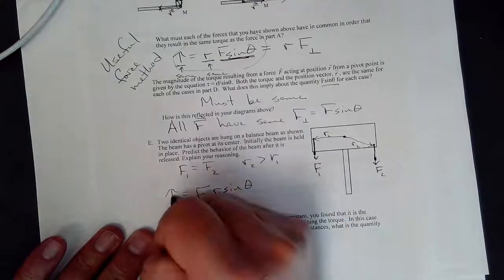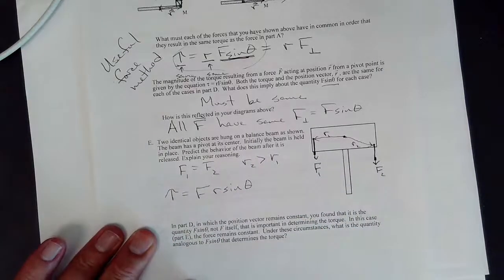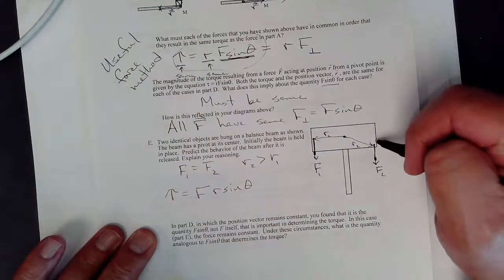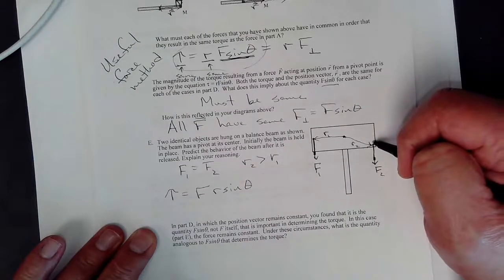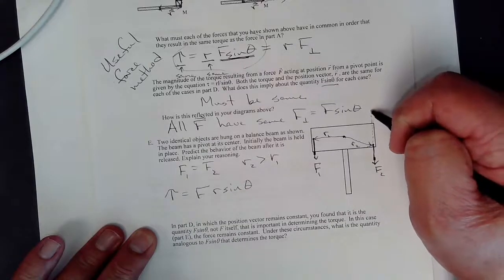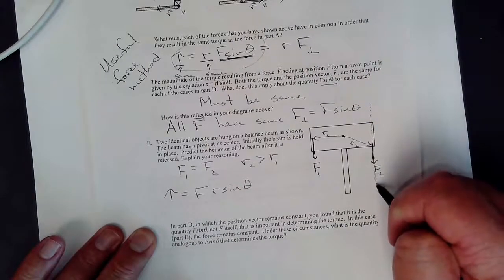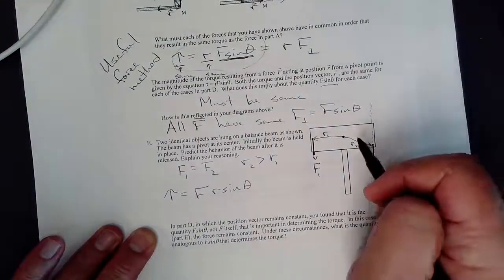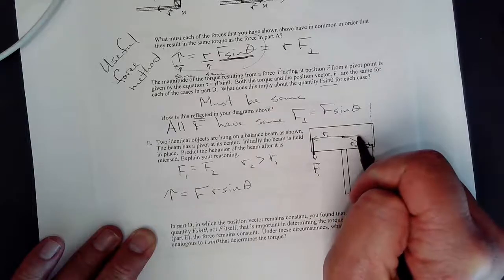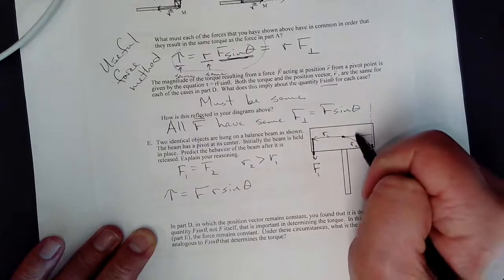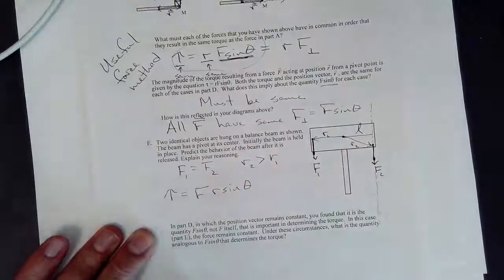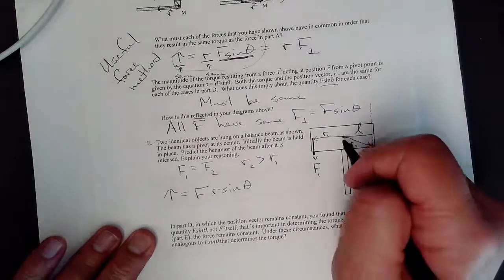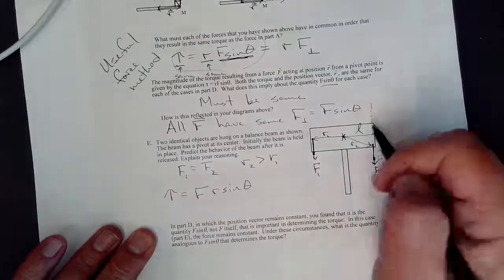If I define a line of action, which is a line that goes on forever along the direction that the force is applied, and we define a lever arm, which is the distance from the pivot out to the line of action and perpendicular to it.